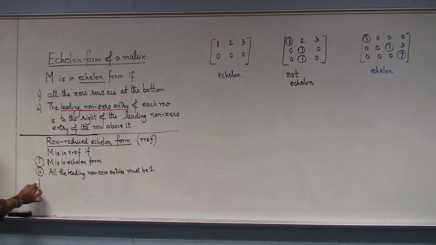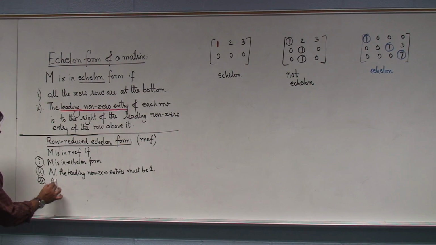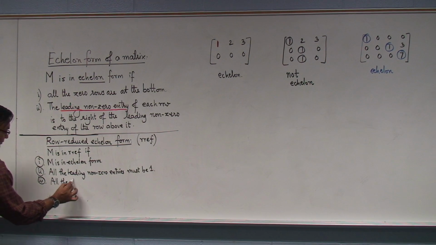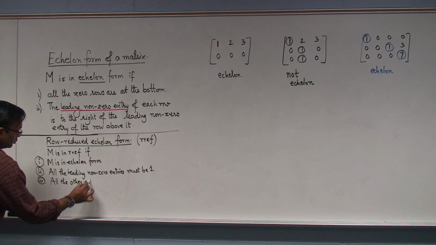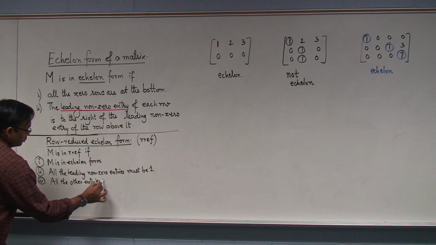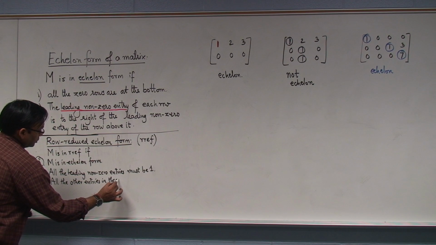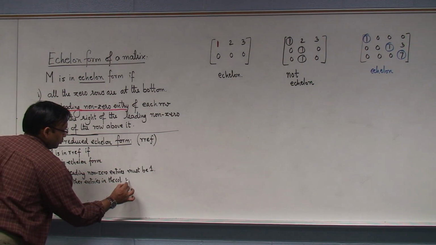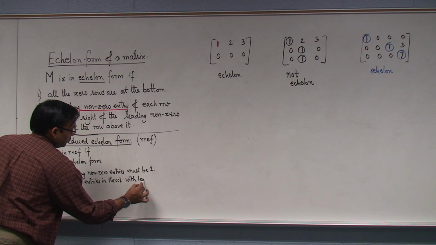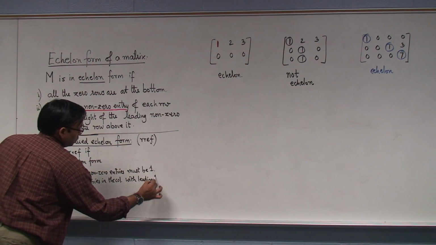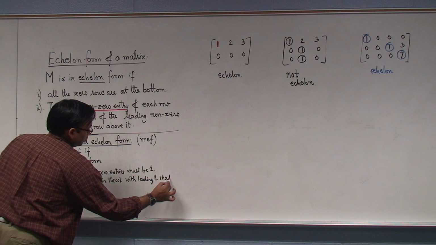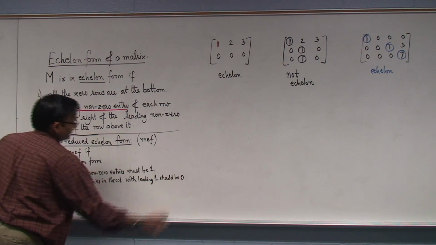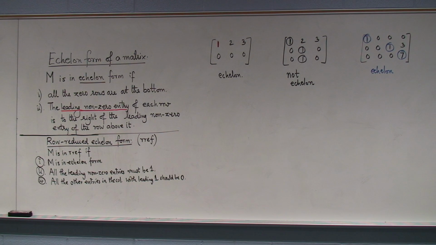And there's another criterion that we want: all the other entries in the column with a leading 1 should be 0. So if a matrix satisfies all these three things, then we will say it is in its row-reduced echelon form.